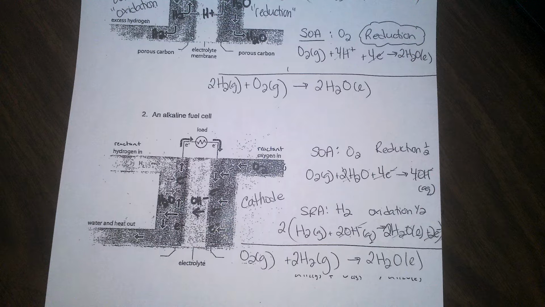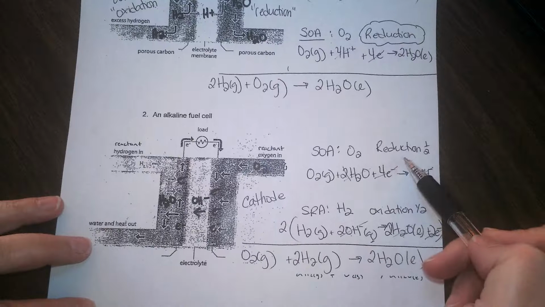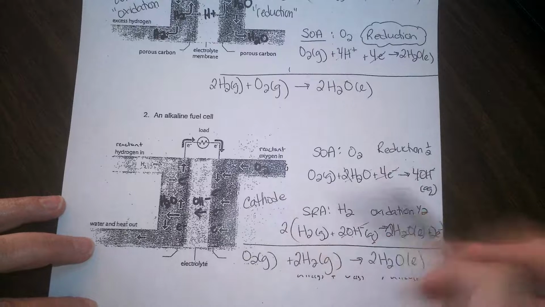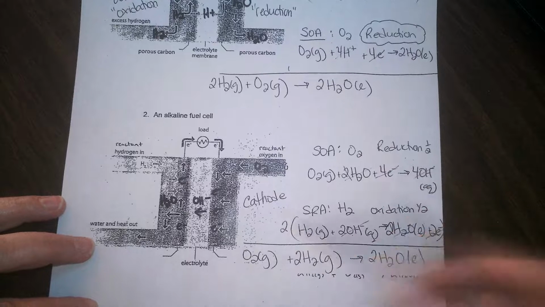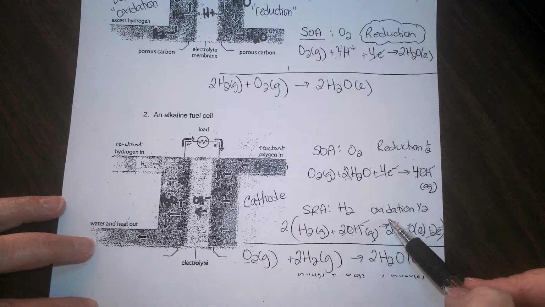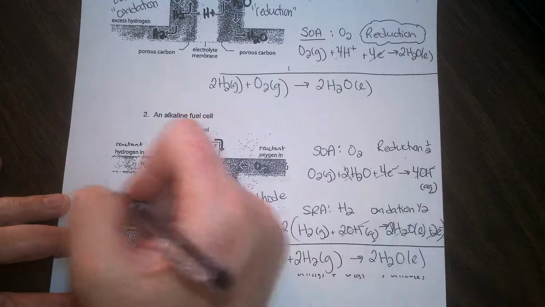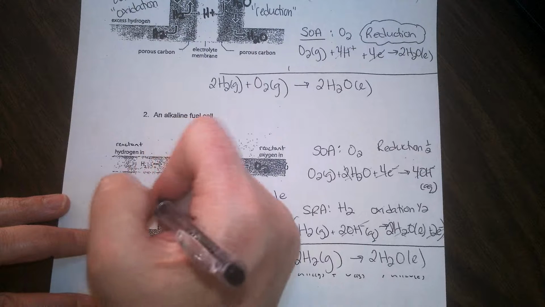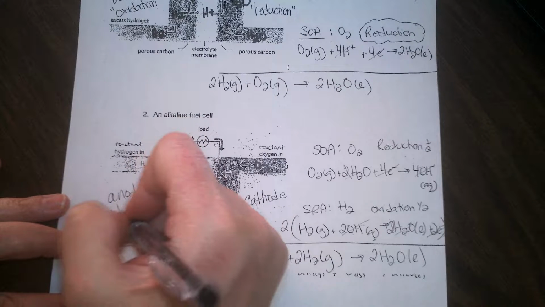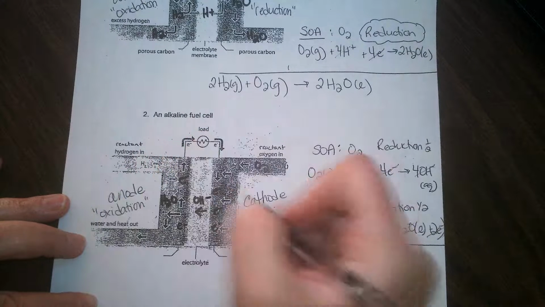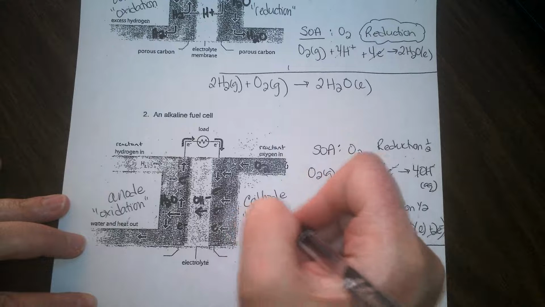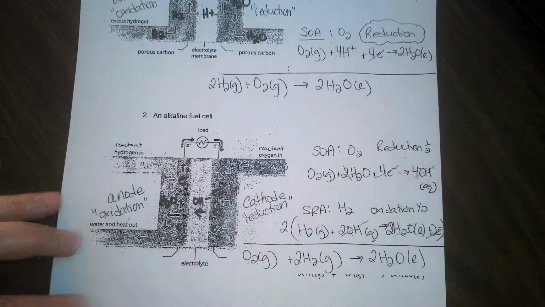No. The reduction half reaction is on the cathode side. So you were right. Have confidence in yourselves. The oxidation half reaction occurs at the anode. Okay?